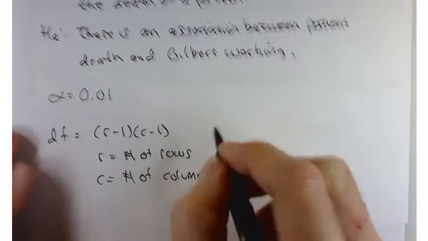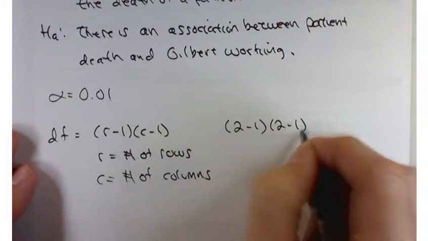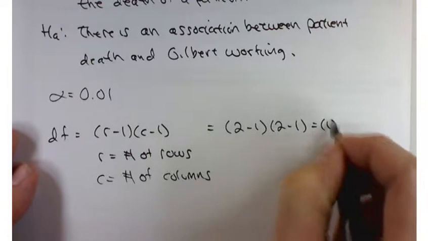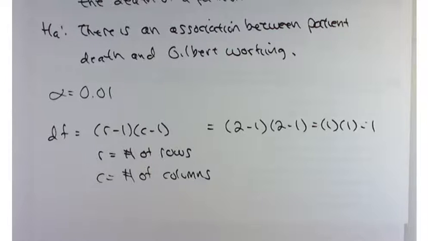So in our case, there were 2 rows, so 2 minus 1, and 2 columns, so 2 minus 1. 1 times 1 is 1. So you have 1 degree of freedom for your chi-square test.